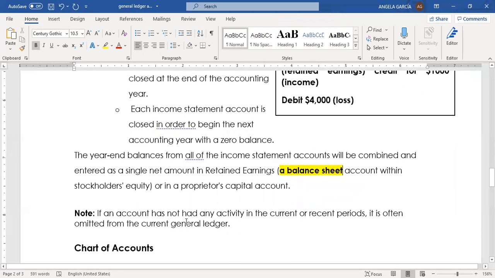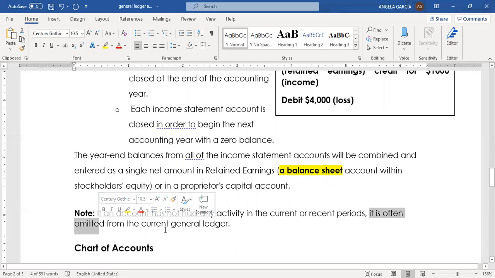If an account has not had any activity in the current or recent periods, it is often omitted from the current general ledger. So, in this case, si la cuenta no tiene actividad en el periodo reciente, entonces es omitida en lo que usted tiene en el General Ledger.